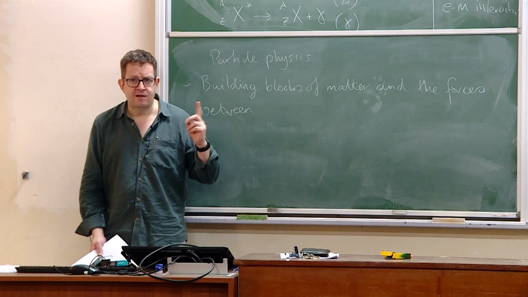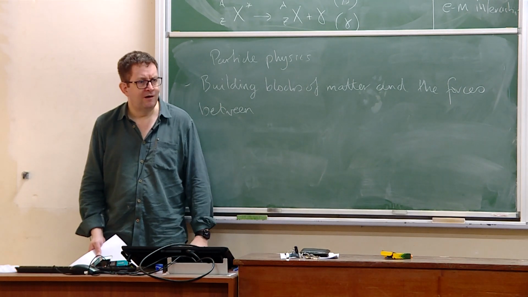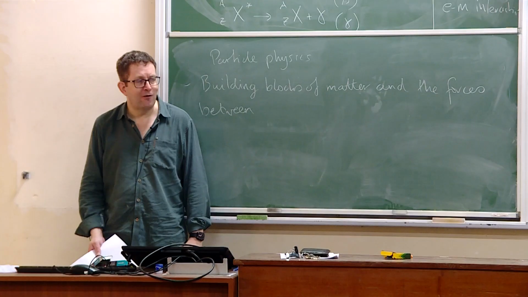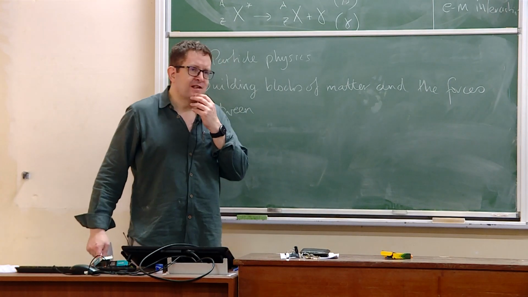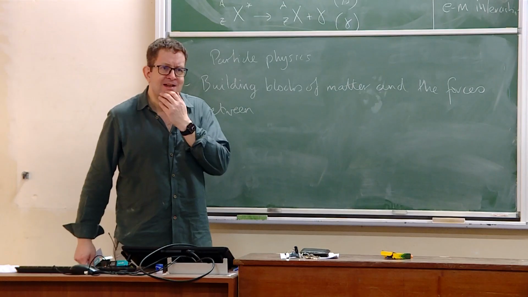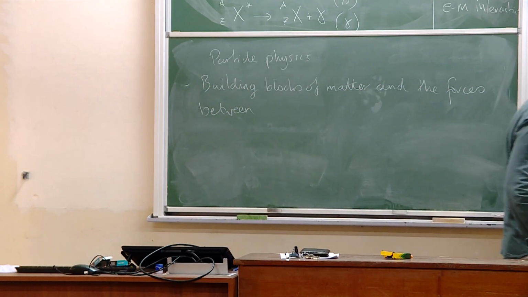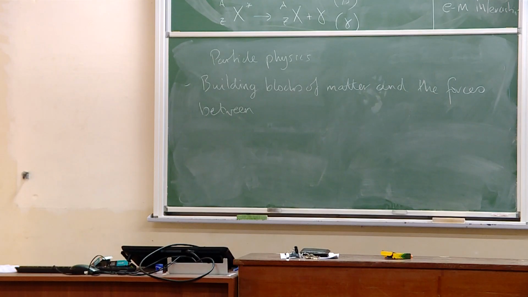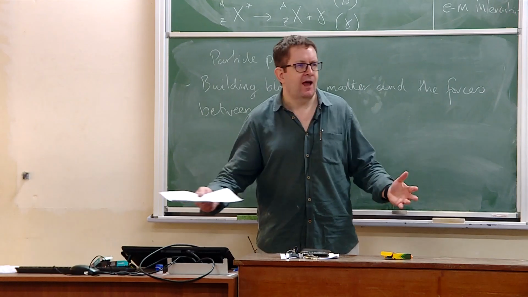Now, what have I missed in all of this discussion so far? Gravity, correct. Why do particle physicists not care about gravity? It's very, very weak. So it's the electrical neutrality of matter that means that gravity plays a role on very large scales.